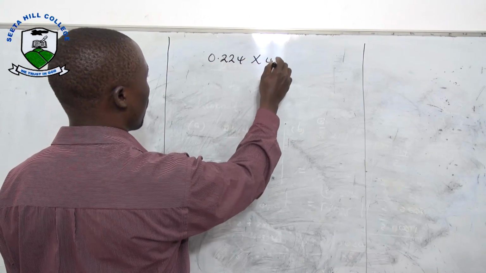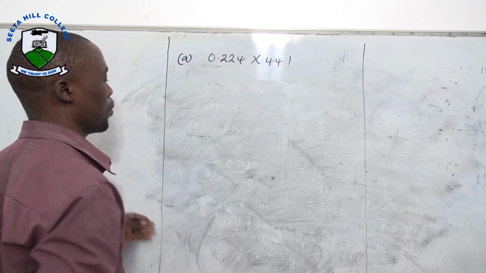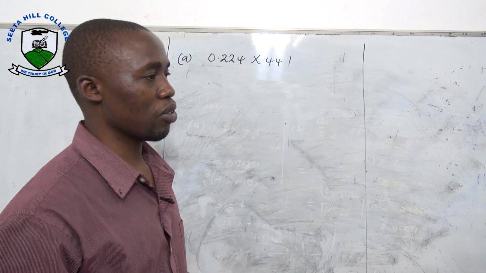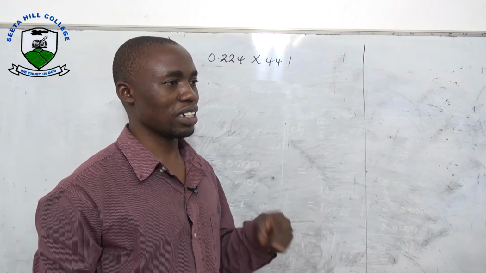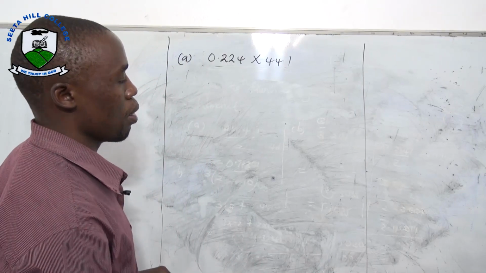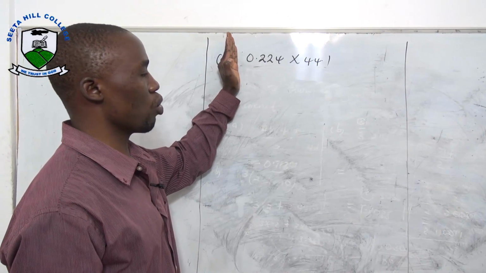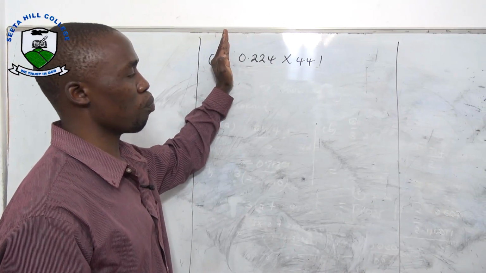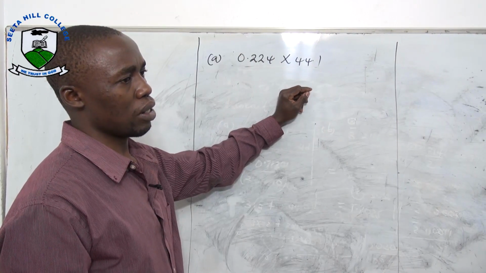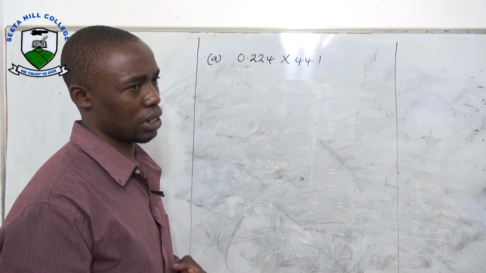0.224 times 44.1. We start with that. Of course, you can even get the answer with your calculator and find out whether the answer you get will be the same. Now, this is what we do. We should build the concept in the head that if we are to take the log of multiplied numbers, it implies the logarithm values must be what?